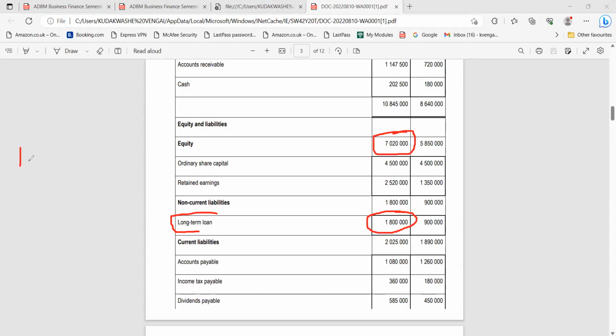So your ratio becomes 123 divided by 7020, 123.